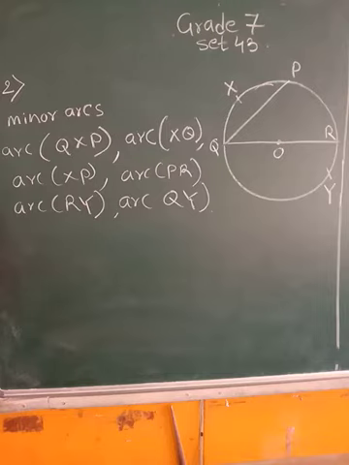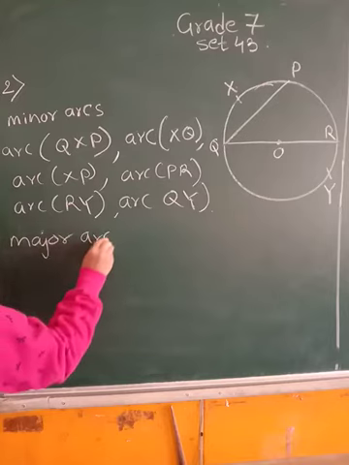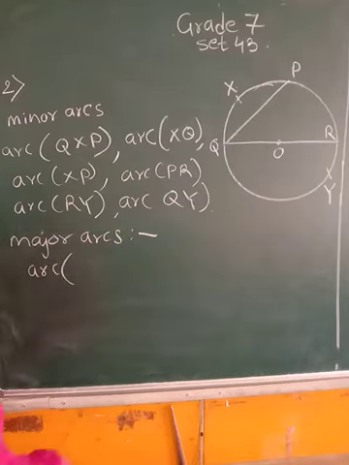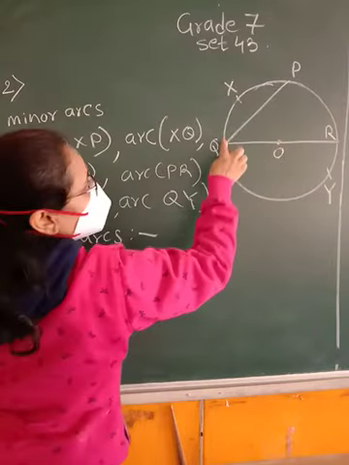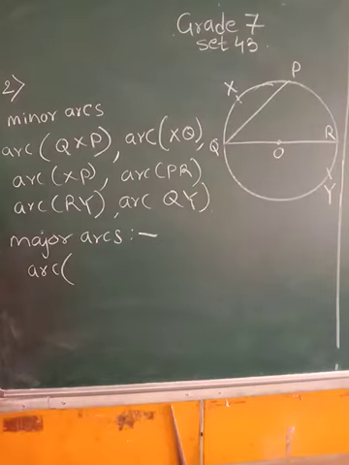Now second, after minor arc, what was that? Major arcs. So let us write now major arcs. Major means big. More than half, more than a semicircle.